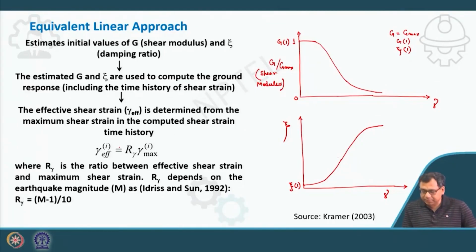So for example, in the first trial, this is the shear strain that I have considered. After this computation we will get the effective shear strain, say here. This is my effective shear strain. So this is the same as here also. This will be my, say, effective shear strain.